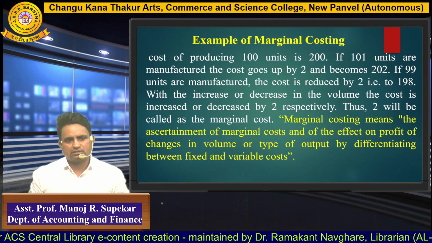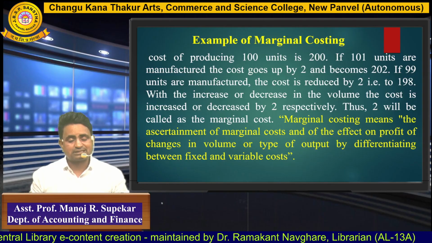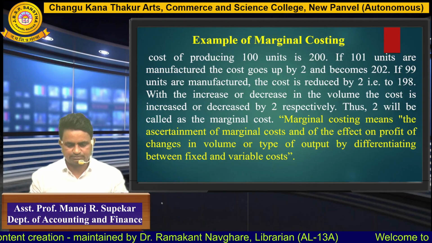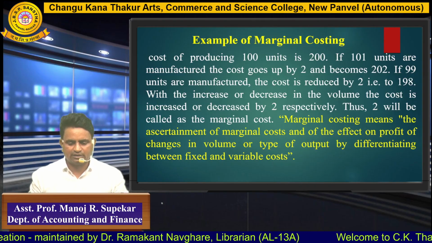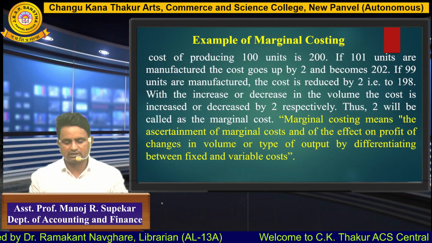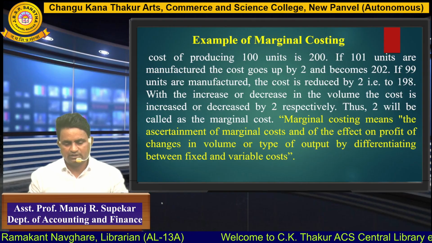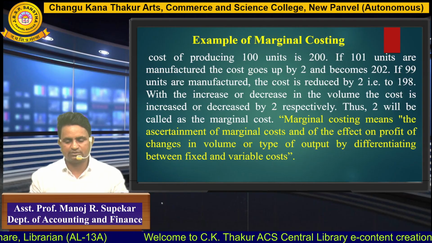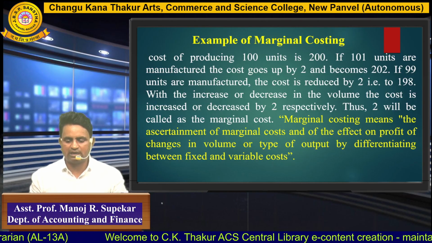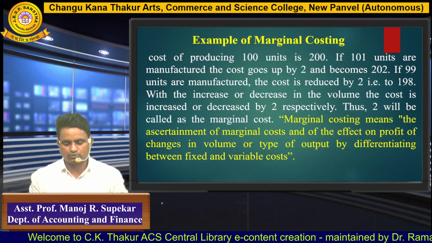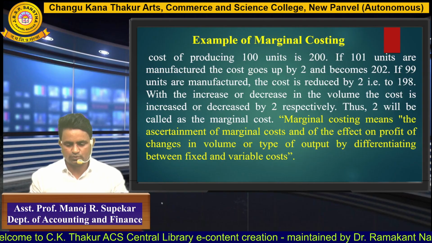We will understand the meaning of marginal costing with a very simple example. Suppose in one manufacturing organization, manufacturing 100 units, the total cost of production for 100 units is 200. If the organization changes the production process and decides to manufacture 101 units, then the cost of production will go up by 2, becoming 202.